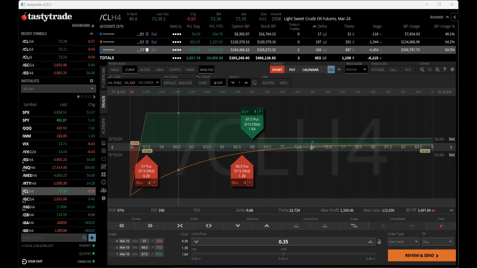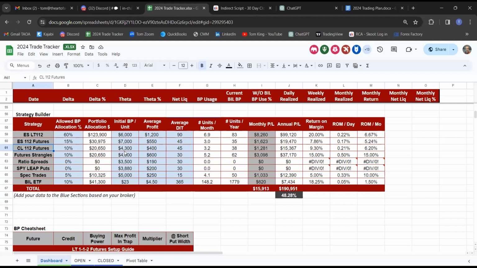All right, so I'm going to share my piece here. If I look at the 112 here, roughly I'm taking about $400 on $4,300 in buying power on average. Well, this trade is 350 on 5,000, so it's not far off.